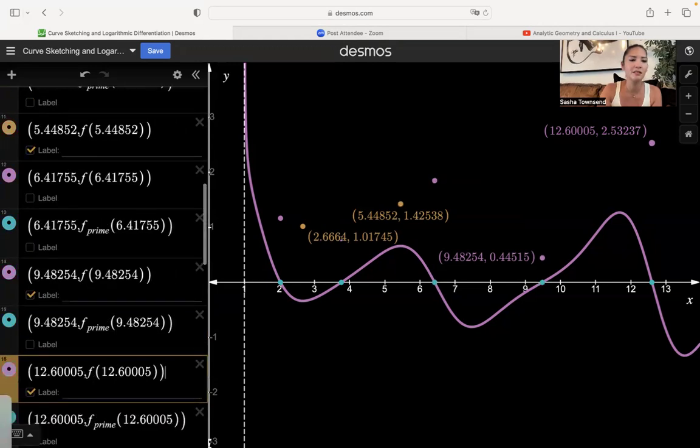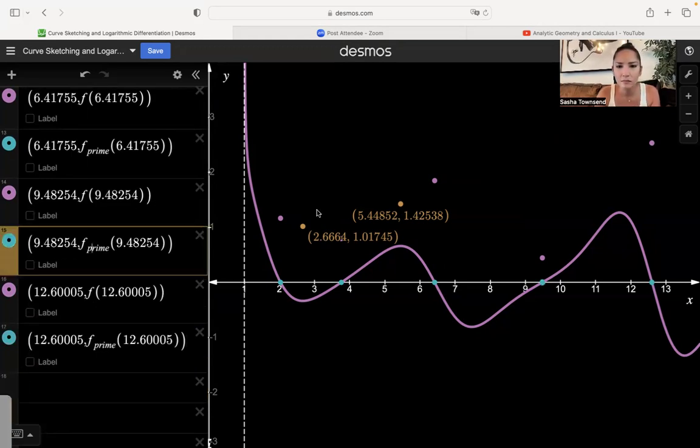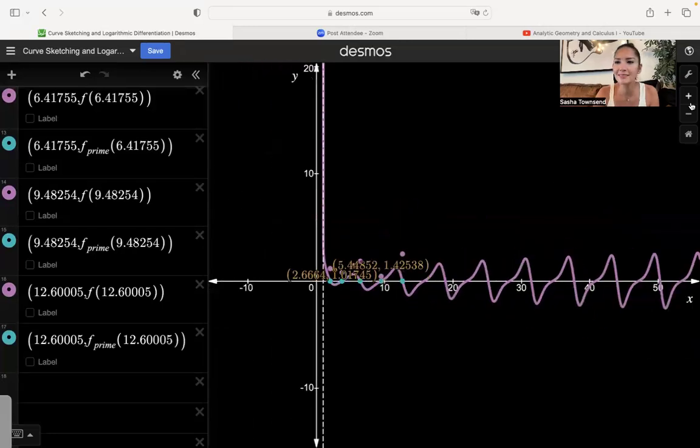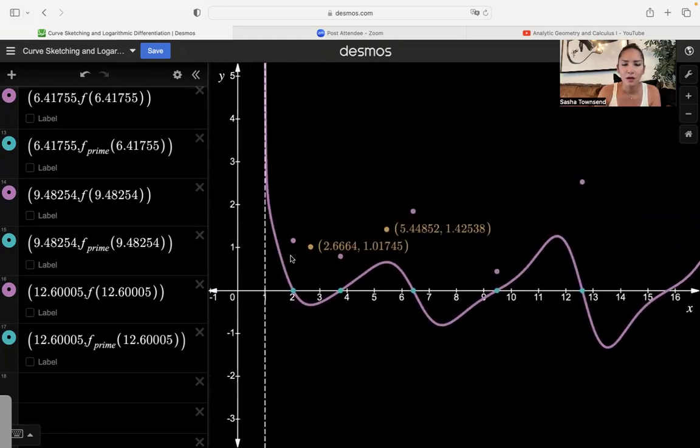So I'm getting rid of the labels on the purple point. I think I lost one of my, oops. No, I don't. I have my, this is a relative max, a point of inflection, a relative min, a point of inflection, a relative max.